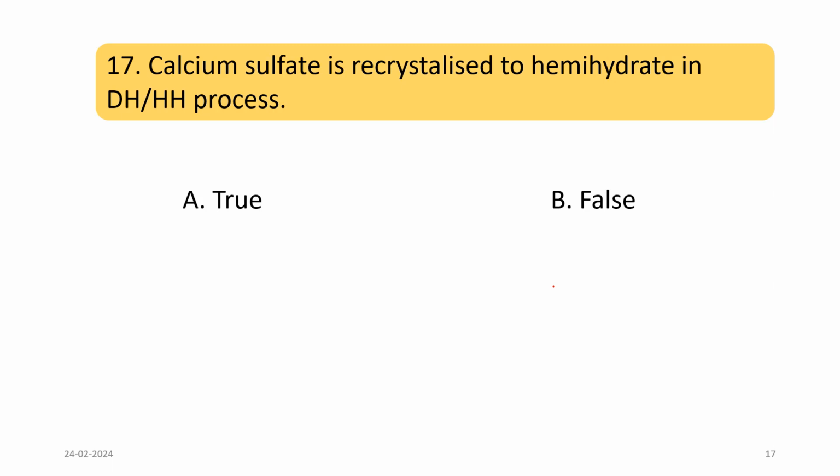Is it true or false? Yes, it is true. First, calcium sulfate forms dihydrate in phosphoric acid, then it recrystallizes to the hemihydrate one.